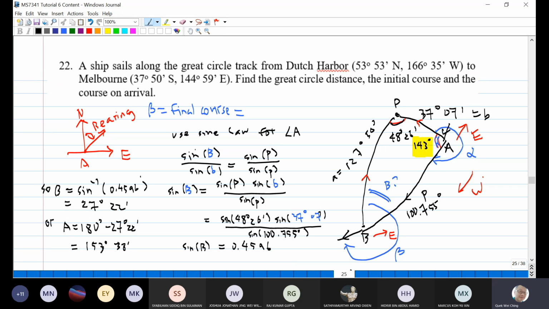But you can see that side B is a very small side. Okay, side B is a very small side, so you have to reject this one. So angle B is 27 degrees, 22 minutes here.